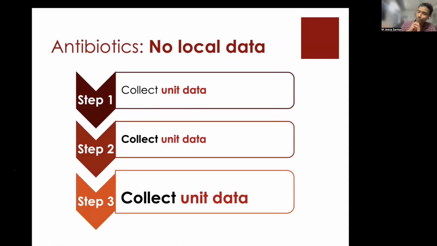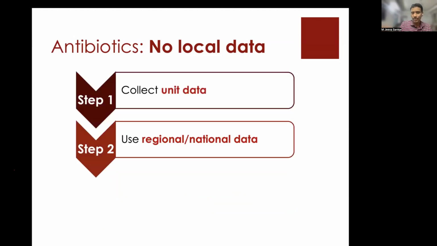Even if you have just joined a place, or you just opened a NICU, or taken over a NICU and have no data till now, make sure that over the next 6 months you have data. Without that, you cannot have an empirical antibiotic policy.